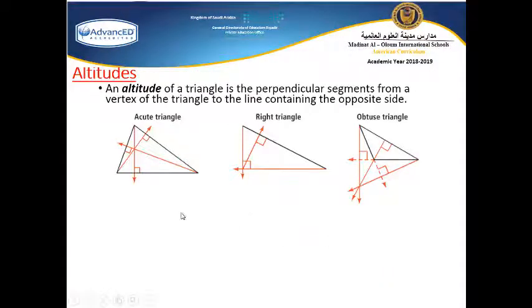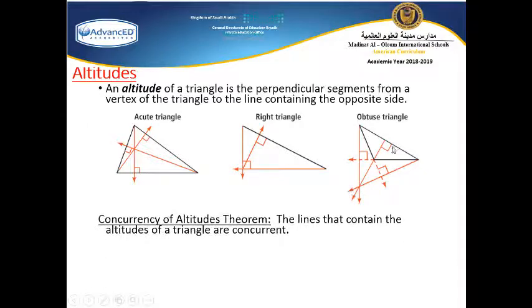The point of concurrency of the altitudes in the acute triangle is inside, in the right triangle it is on the right angle, and in the obtuse triangle it is outside the triangle. The point of concurrency, or the point of intersection, is called the orthocenter.